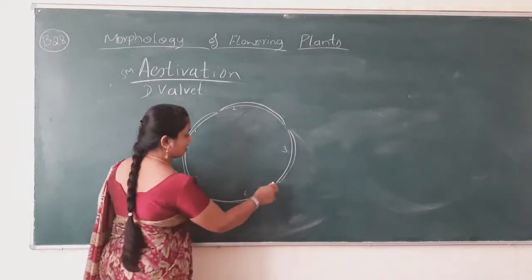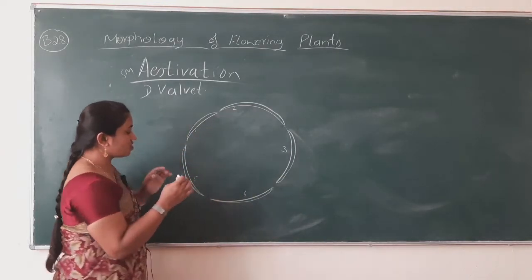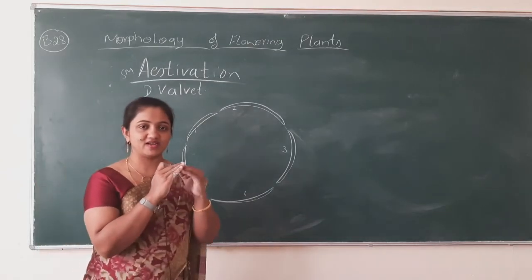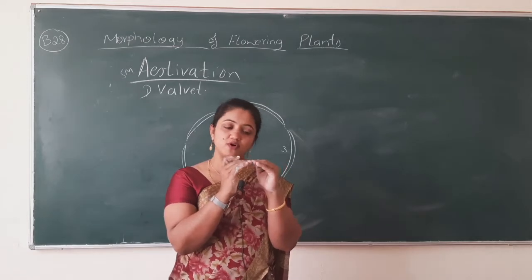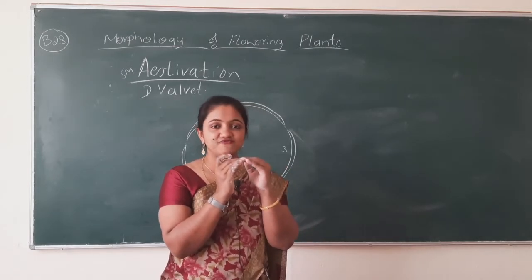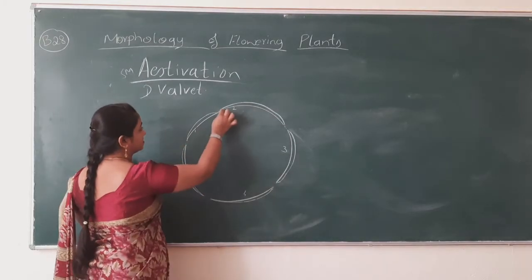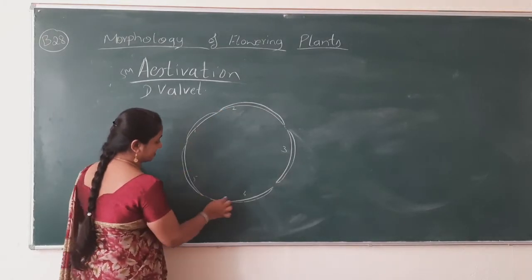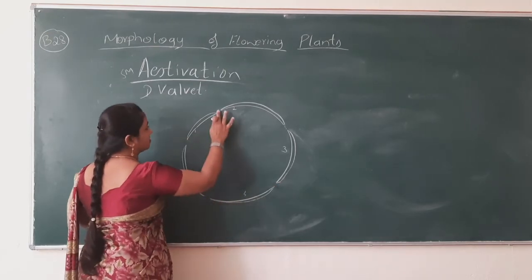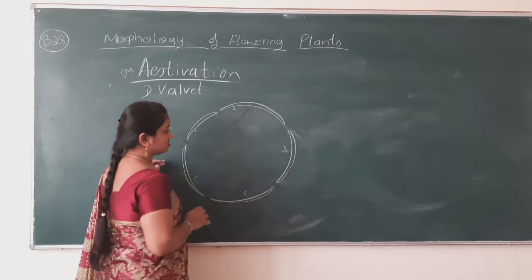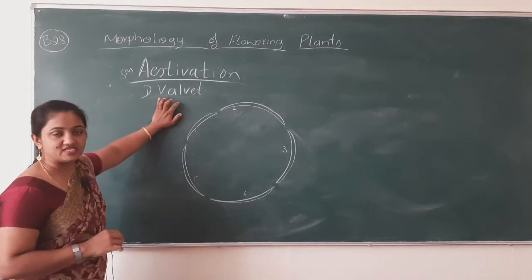No, they are lying side by side. They do not overlap with one another. They'll just touch one another, or else they have a small gap between them. This type of arrangement is known as valvate estivation.